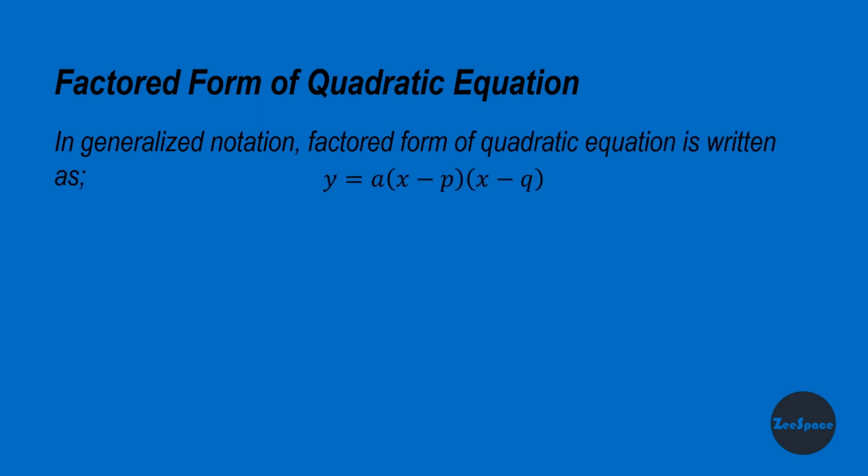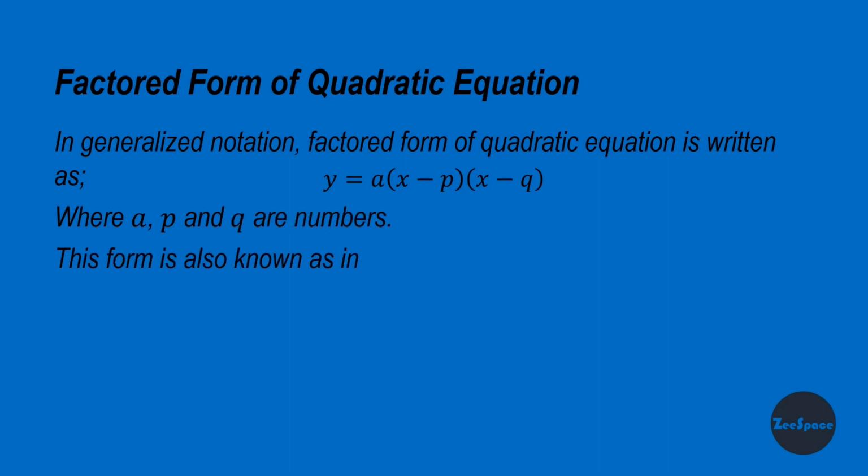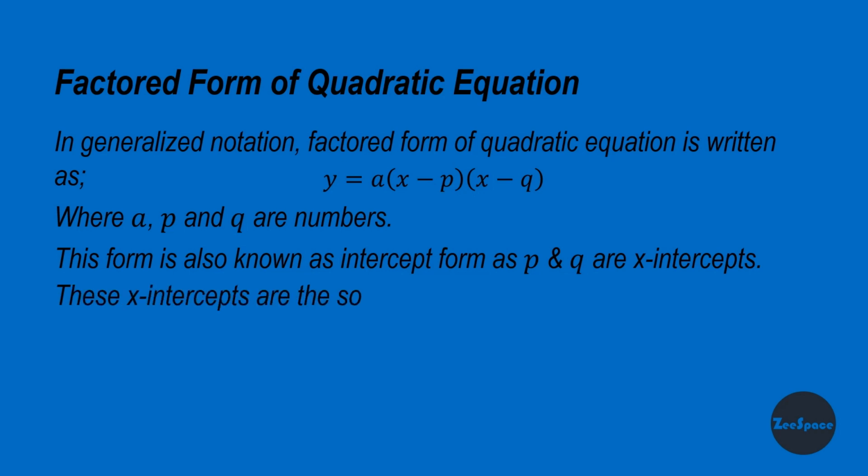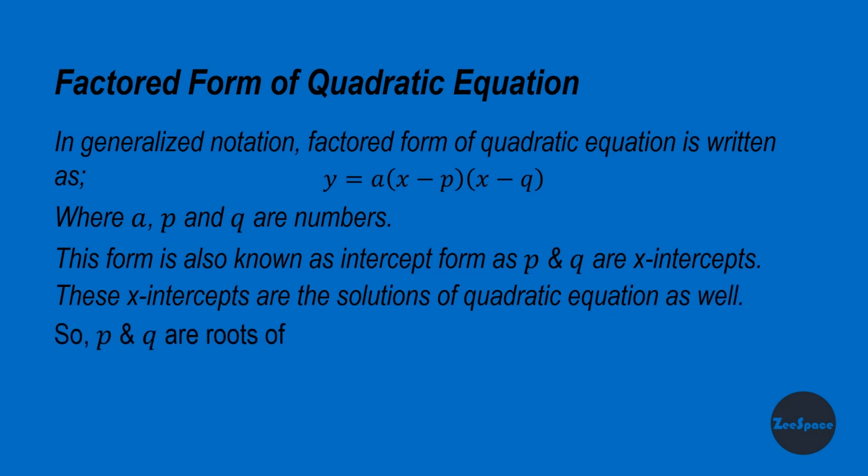Factored form of quadratic equation. In generalized notation, factored form of quadratic equation is written as y is equal to a into x minus p into x minus q, where a, p and q are numbers. This form is also known as intercept form, as p and q are x-intercepts.